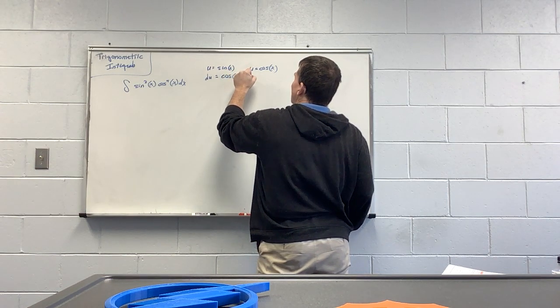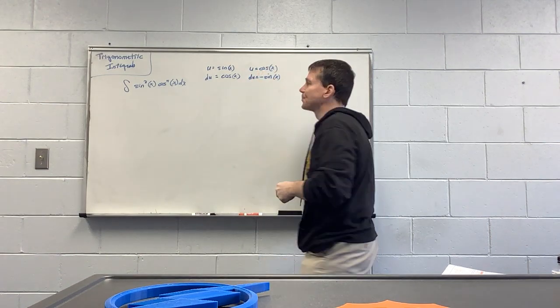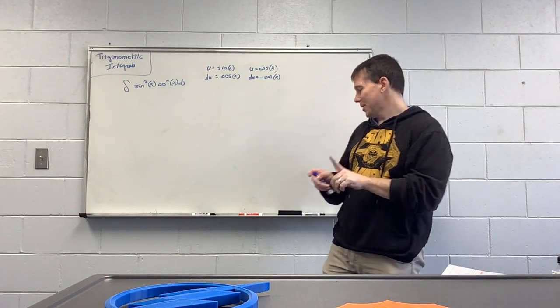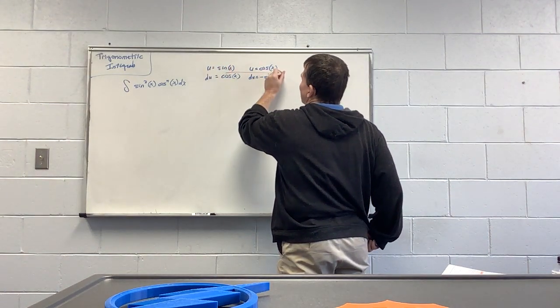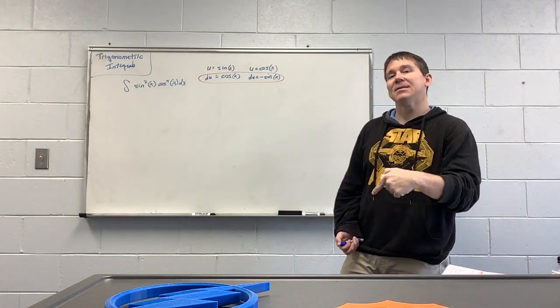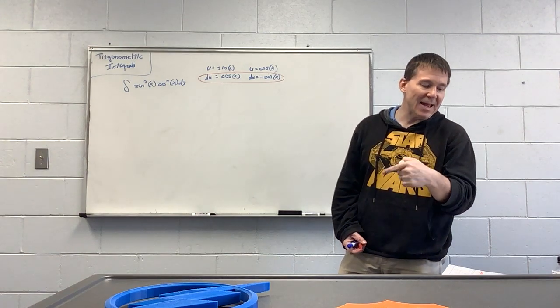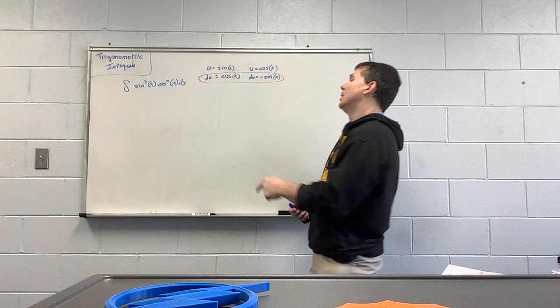If I use u equals cosine, the derivative of cosine is negative sine x. In this case, rather than looking at the u, we tend to look more at the du and ask, if that's the du I need, what will that leave me with? And can I then substitute for what's left over?